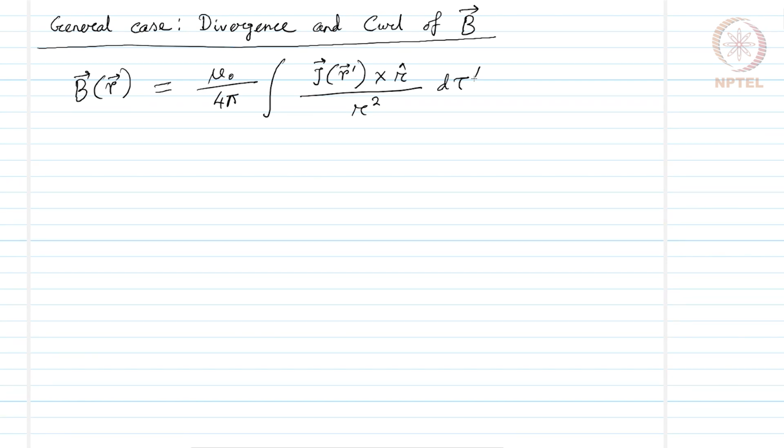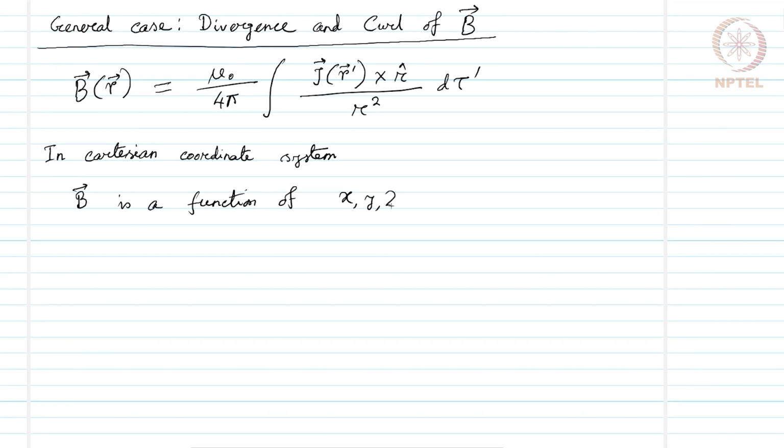Now, if we consider Cartesian coordinate system, we can explicitly write that B is a function of x, y and z, while our volume current density J is a function of x prime, y prime and z prime, the source coordinate system.